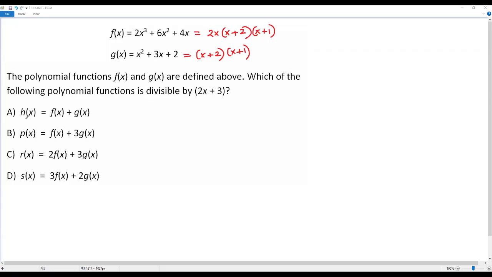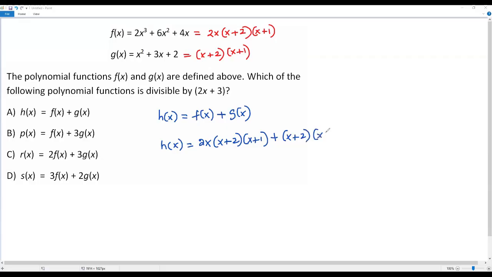Let me take answer choice A, in which we have h(x) equals f(x) + g(x). For f(x), we know the factor form is 2x times (x + 2) times (x + 1), so let me plug that in. For g(x), we have the factor form (x + 2) times (x + 1).